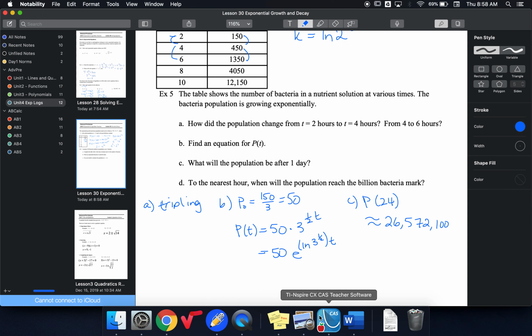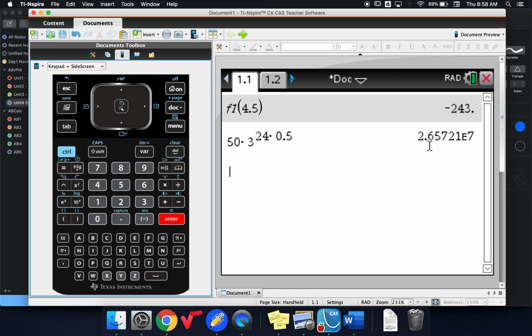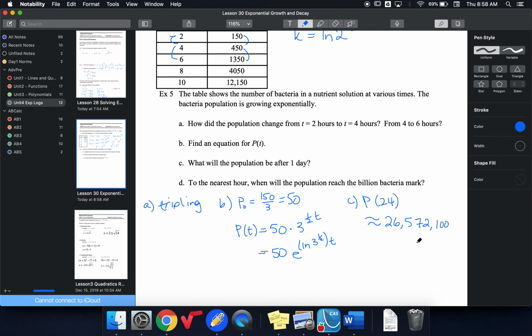Except I had 2.65 to the 7, so I think I actually need another 0 in there. So 3, 6, 7, yes, and so my commas are in the wrong place. 6,512 times 10 to the 7th bacteria.